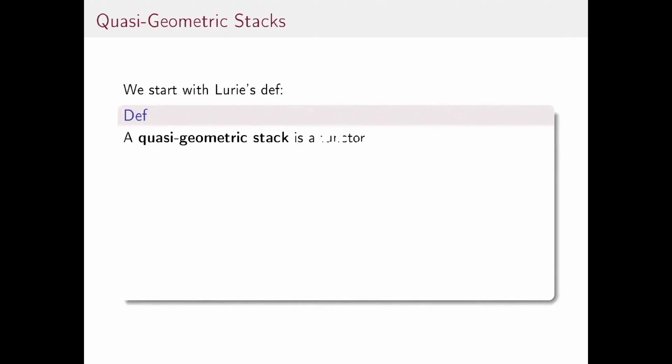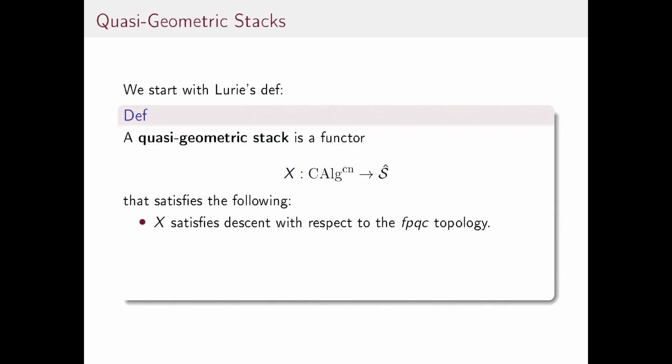Right. So here goes nothing. We start off saying what a quasi-geometric stack is. We start with Lurie's definition. A quasi-geometric stack is a functor from CAlg to S, the category of spaces, and we'll see why it doesn't matter if we just have S or a bigger category, whatever you want to call it.